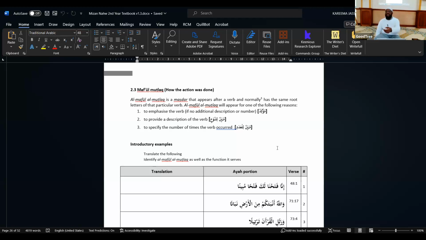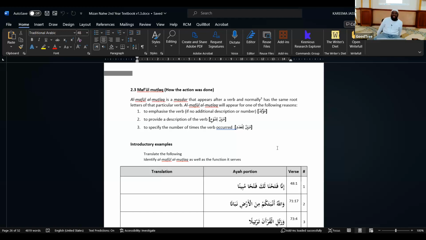So you're emphasizing the verb there. So you can say I sat a sitting, or you can say I really sat, I seriously sat, I sat intently. So for example, you want to say, we sat 4 hours for that exam. He says jalasna jalsatan.